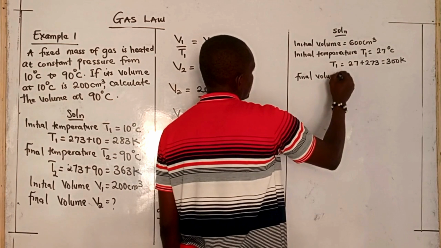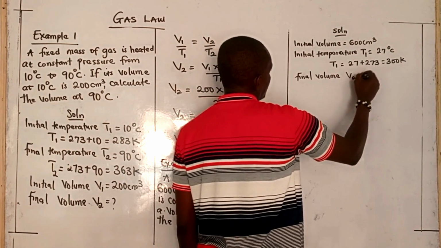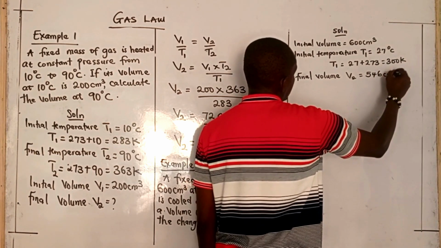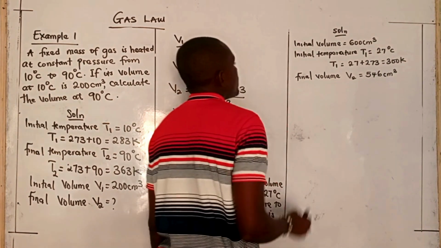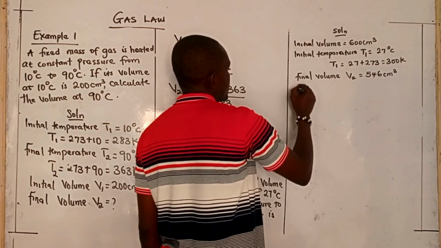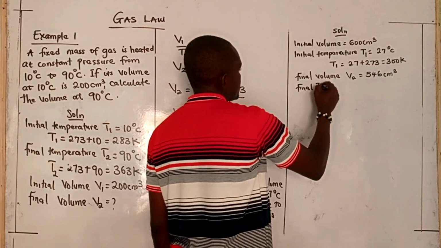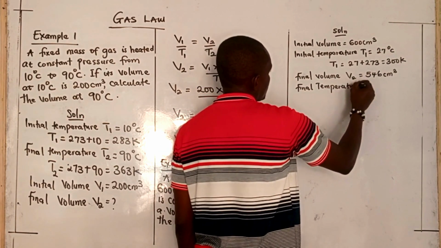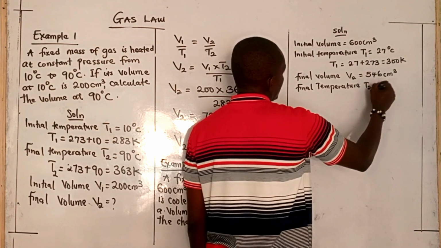Then we have the final volume from the question, which is V2, given to us as 546 cm³. And we are asked to find the final temperature, which is T2.